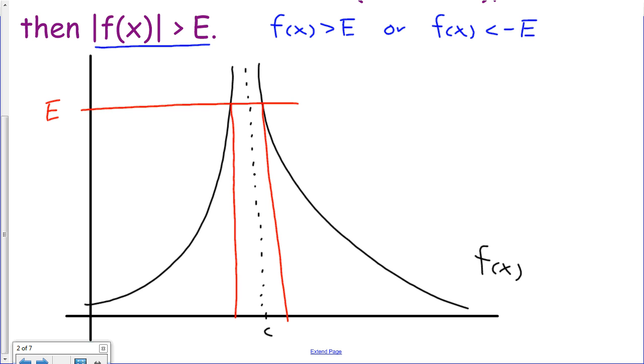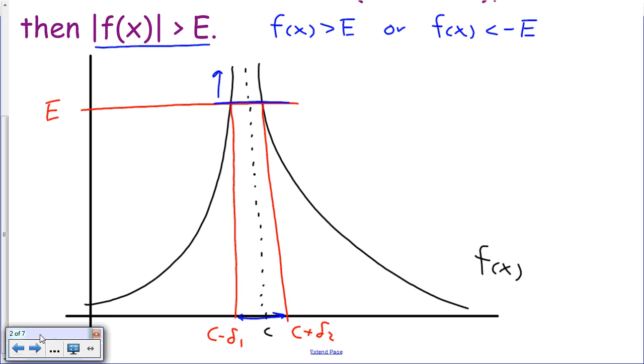Can I find a restriction around c, and we call this c minus delta 1 on the left side and c plus delta 2 on the right side, so that as long as I stay within this restriction that I just marked along my x-axis between c minus delta 1 and c plus delta 2, I'm guaranteed that my function is always going to stay above this line here. And I can see in my sketch that's going to happen. As long as I stay within that restriction around c, my function stays above this value of e. All right, so that's our first definition there.